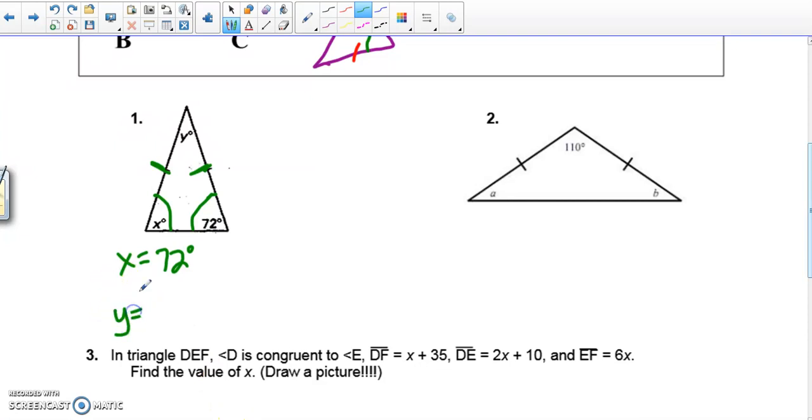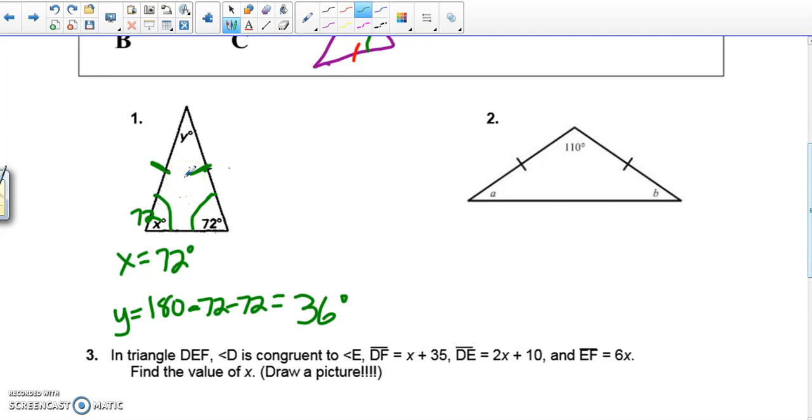That would mean y, think about our triangle budget again. So if that's 72, the y angle is our total budget, 180, minus the two 72-degree base angles. So a quick check in our calculator means angle y must be 36 degrees.